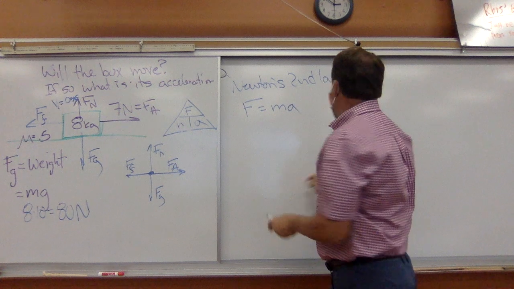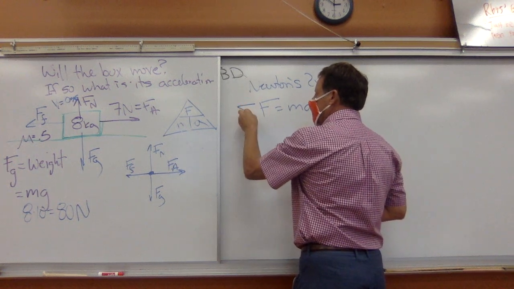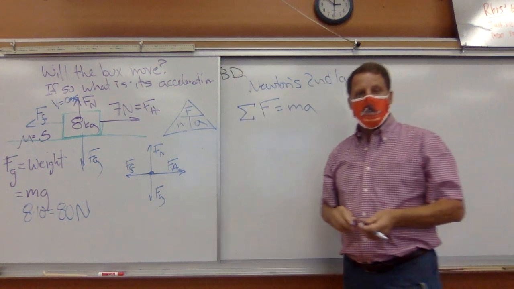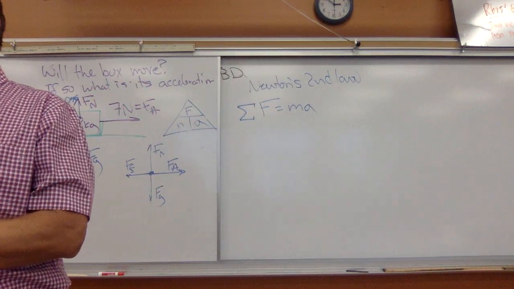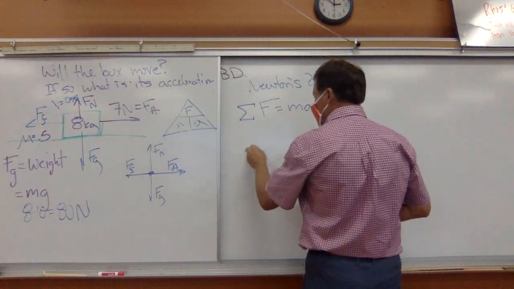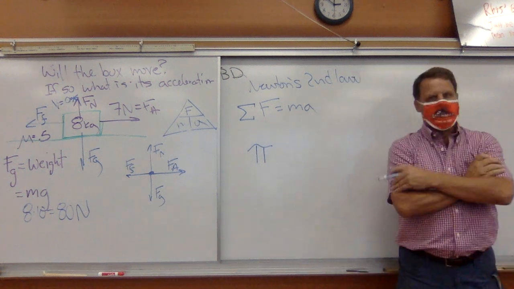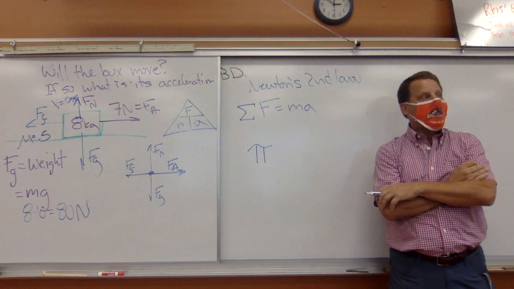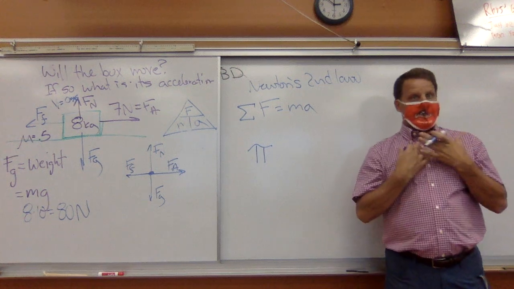Now, you guys, we have talked about this before a little bit, but I'm going to add here this little symbol right there, and that is the Greek letter sigma, which means sum, okay? Can you guys tell me what Greek letter that is? What letter is that? You guys, it's pi. That is a Greek letter, okay?